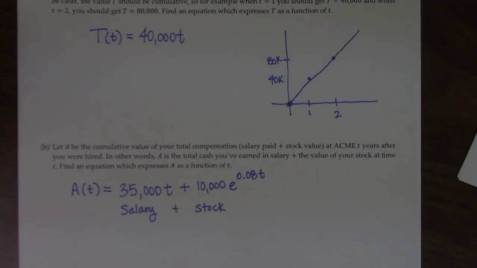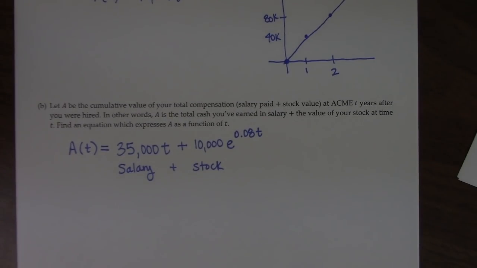So here's the issue with this equation. If the stock is given the first day you start working there, then at the end of the first year, you've earned the full 8%. And that's what we're going to assume to do this problem. However, some companies would say, here's your base pay, but you might get the $10,000 at the end of the first year, which means it really wouldn't start earning interest until the second year.